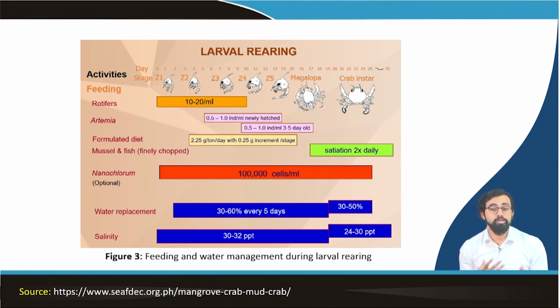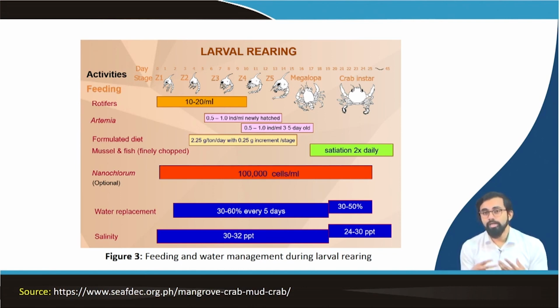Water replacement is also important, based on their maturation stage. In general, 30 to 60% every 5 days is required in the initial days, but it can be reduced to up to 50% at the later stage, because they do not create as many pollutants at the end.